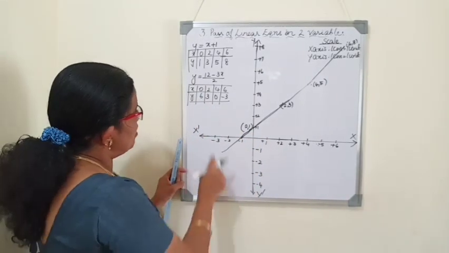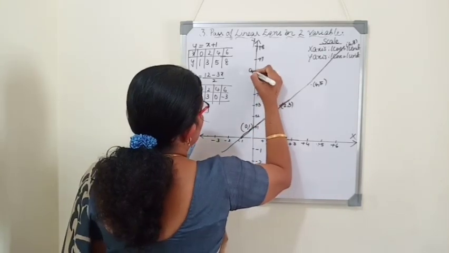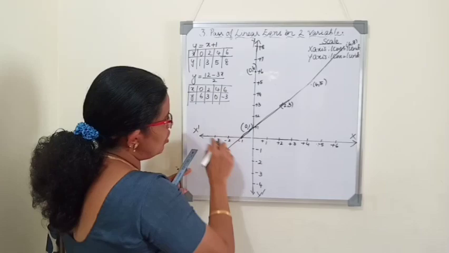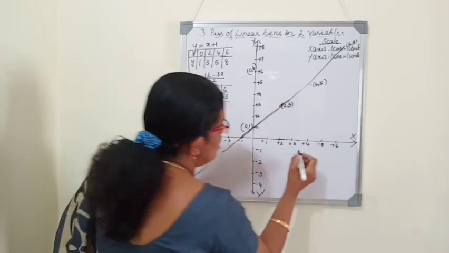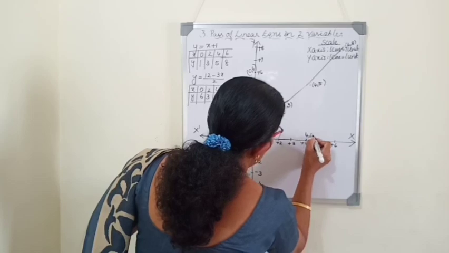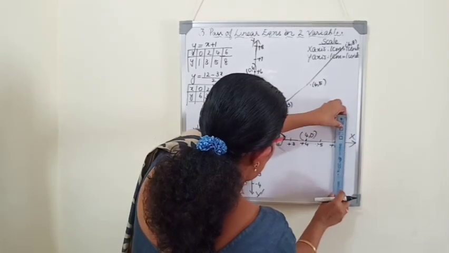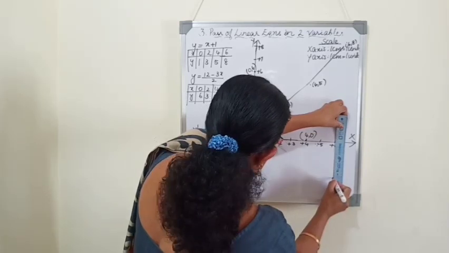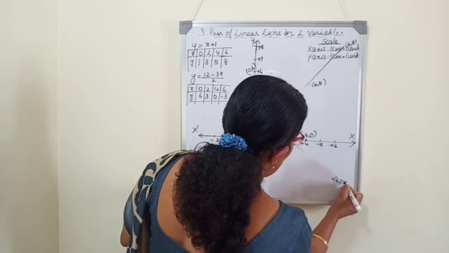The next line, next point is 0, 6. 2, 3, it's a common point. Next, 4, 0. Here. 4, 0. 6, minus 3.